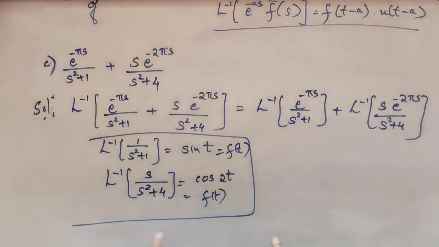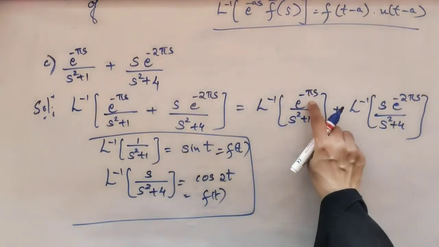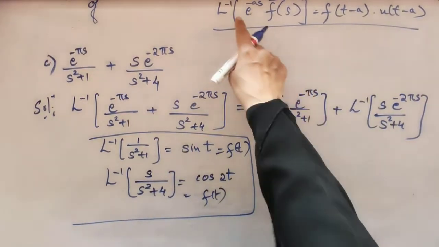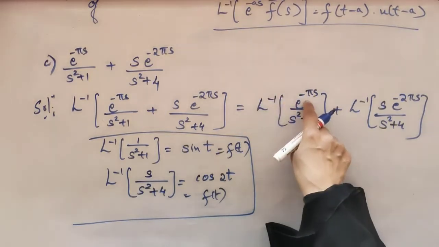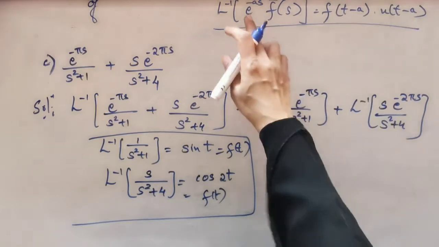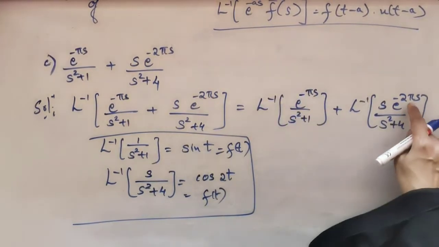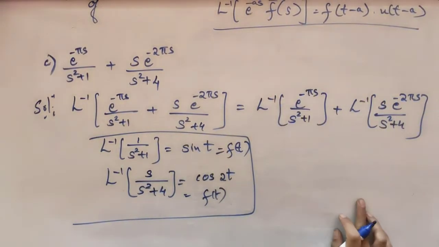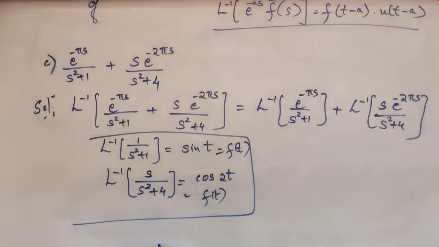Wherever you have t over here, you will write it as t minus a. And what is the value of a? The value of a is found simply by comparing this property with this given thing. You will find the value of a to be pi in the first case, whereas in the second case you will find its value to be 2 pi. Let's use that property and solve it.